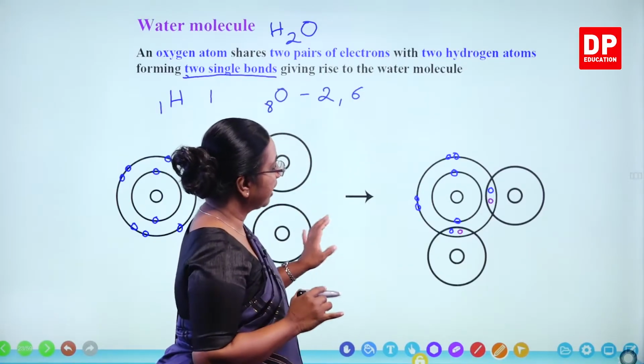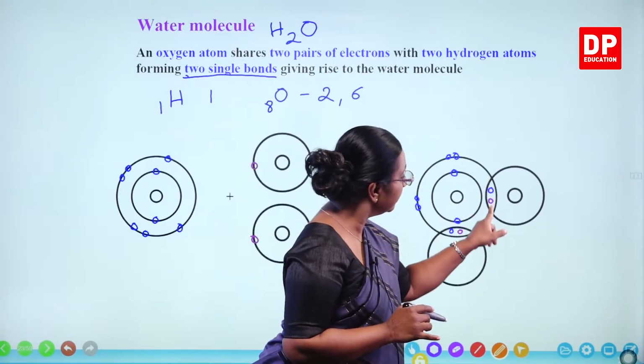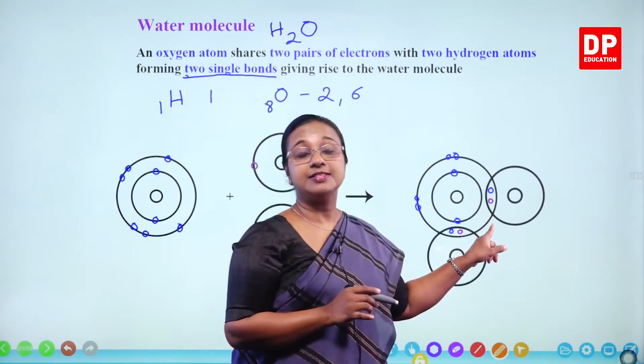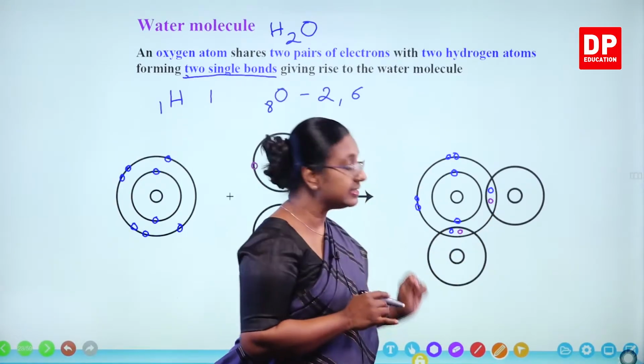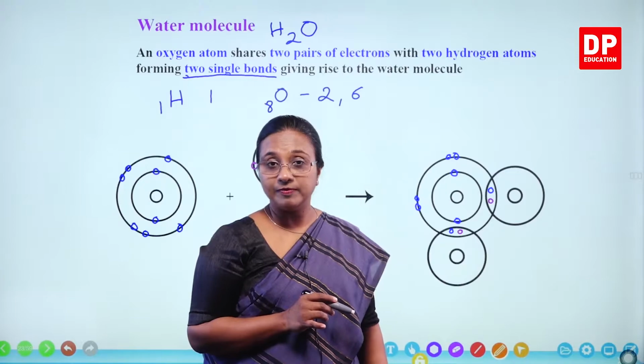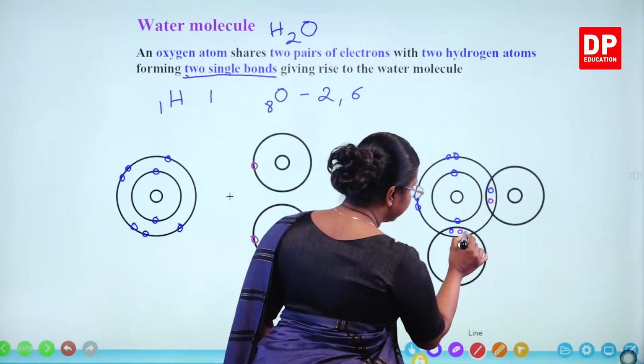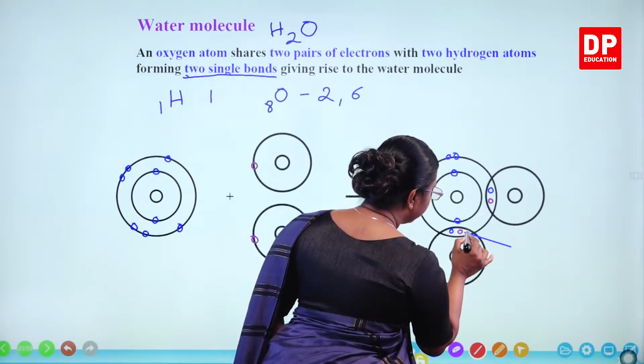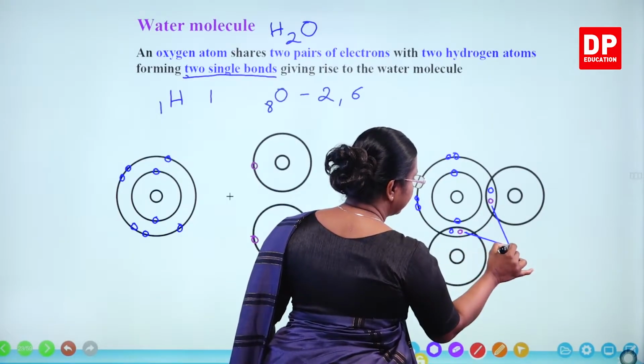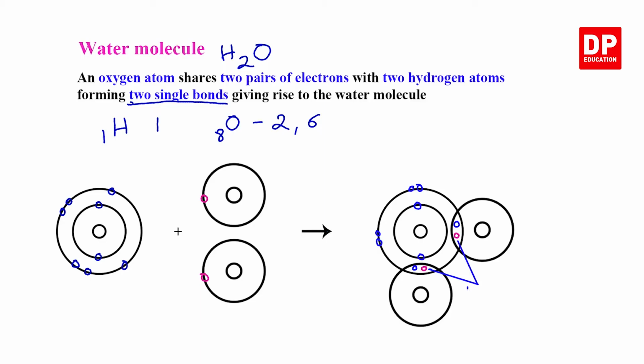In this, you can see this is a pair of electrons involved in bonding. Again, this is a pair of electrons involved in bonding. So these 2 pairs of electrons are known as bond pair electrons.